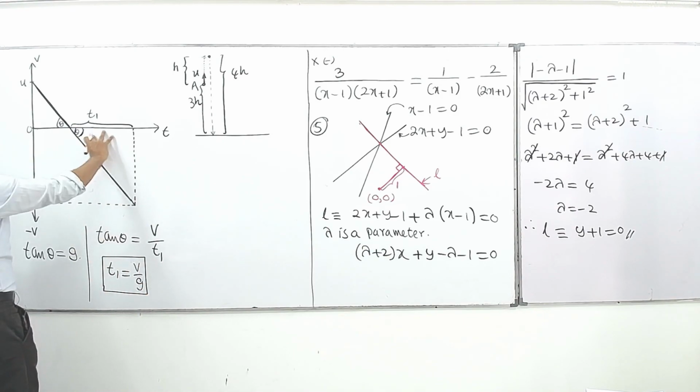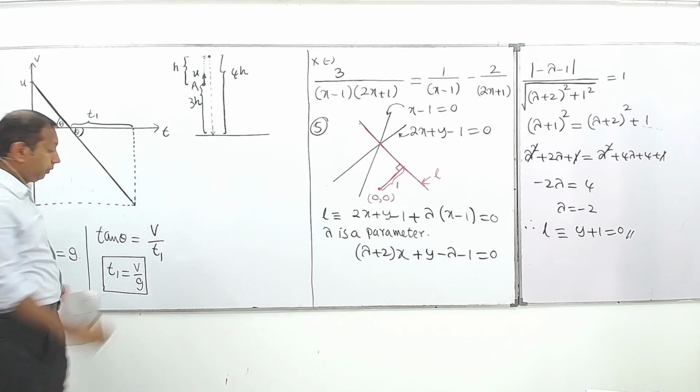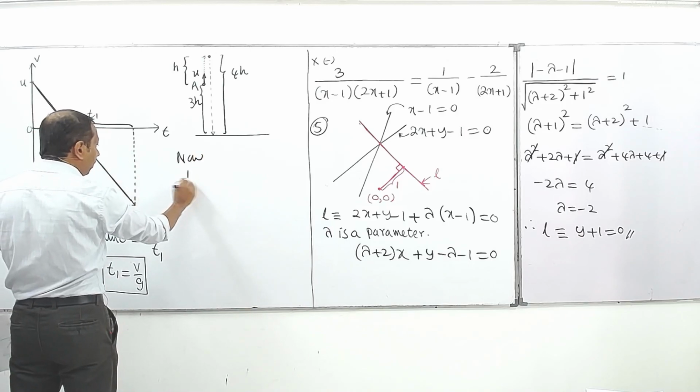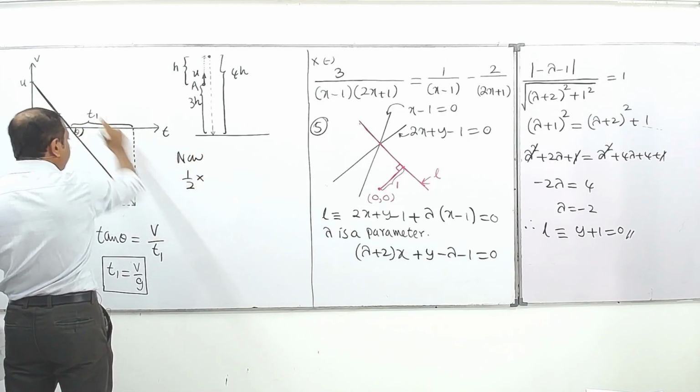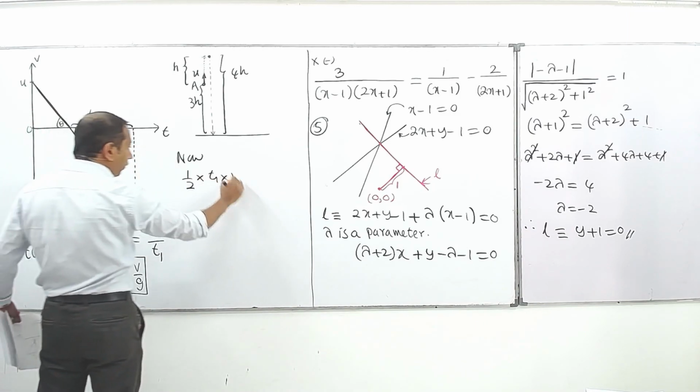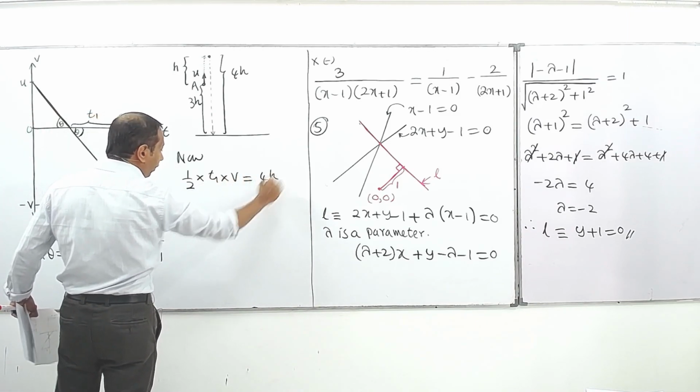And this area, people, should be equal to 4h, no? Right. Now you can write this area. Half base t1 into perpendicular height v should be equal to 4h.